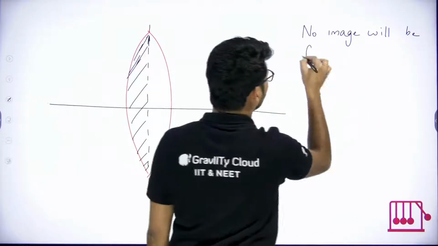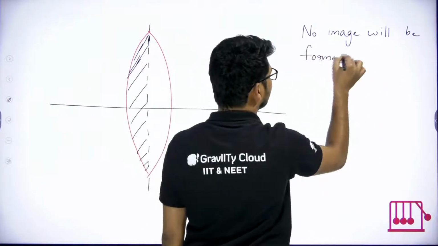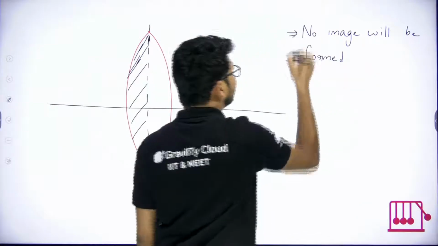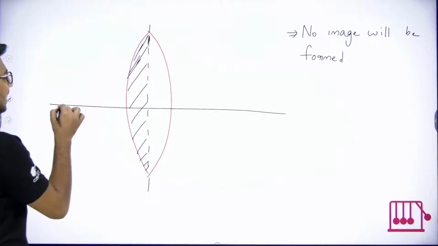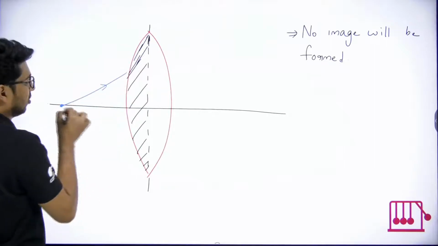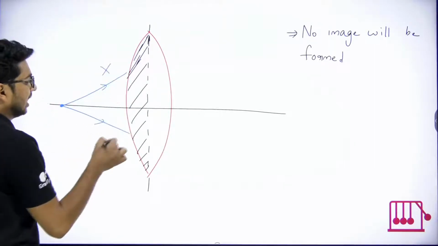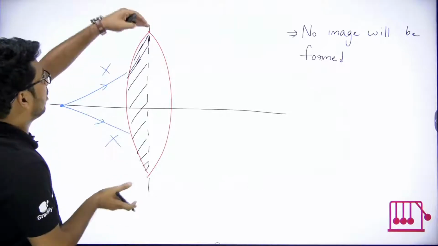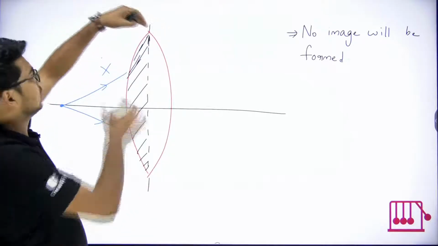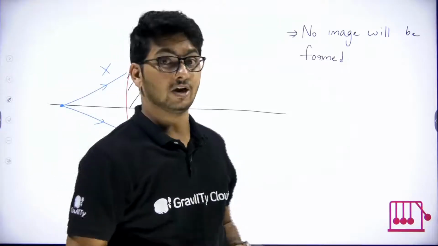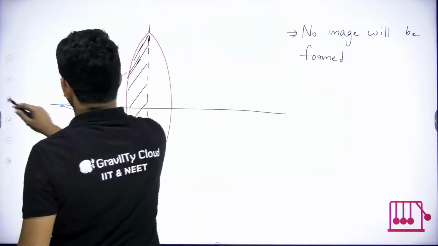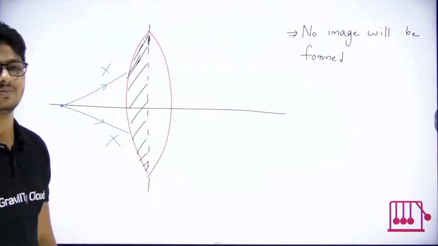Why is no image formed in this case? Because it is very simple. Light cannot pass through. As I told you, the black paper is opaque. It will not allow light to pass through. Say it is covered from top to bottom. So light cannot pass through anywhere, so no image will be formed.